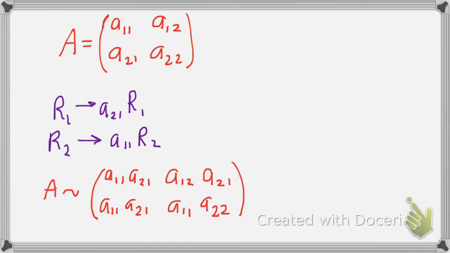Getting the matrix A into REF, we notice that we must change row 1 to be A21 times row 1, and then our row 2 will become A11 times row 2, and we get this resulting matrix below.